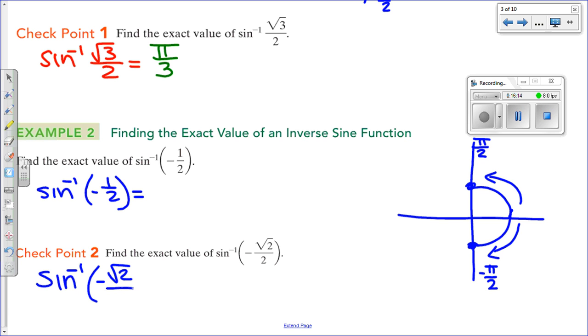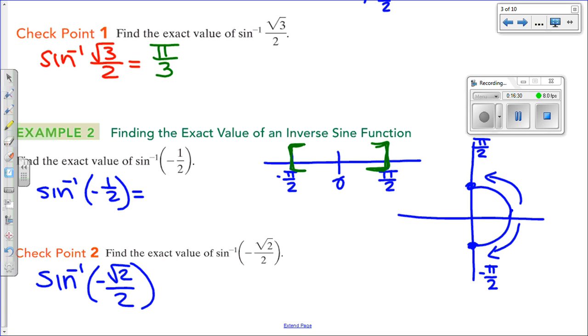So remember, your answer can only be inside this interval. From there to there, but it has to be negative. Okay.